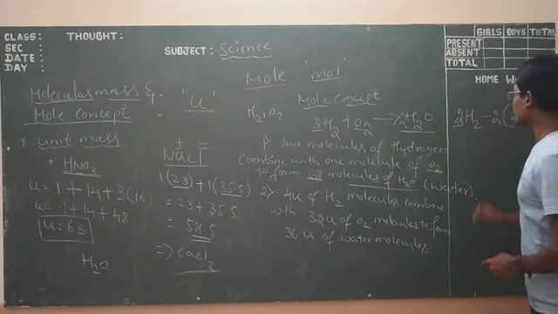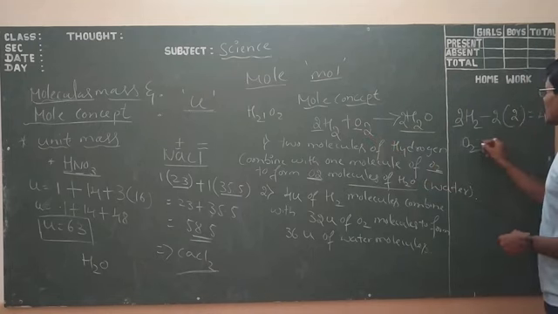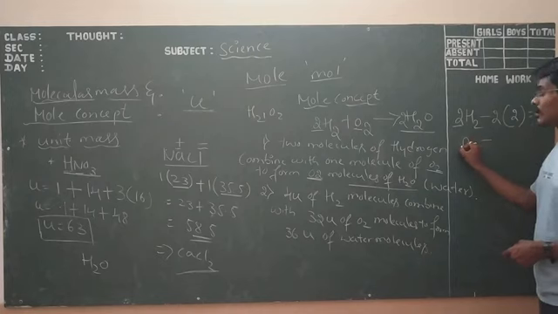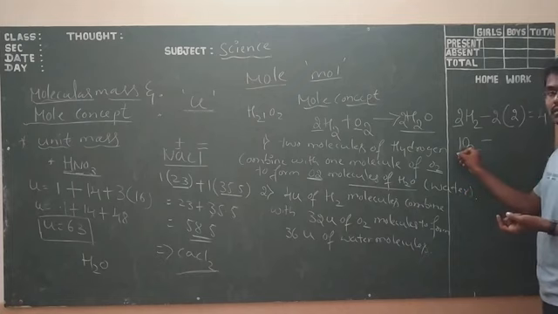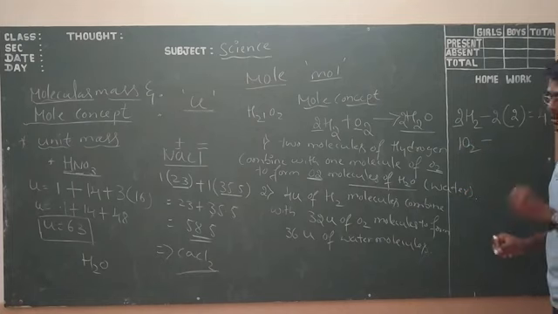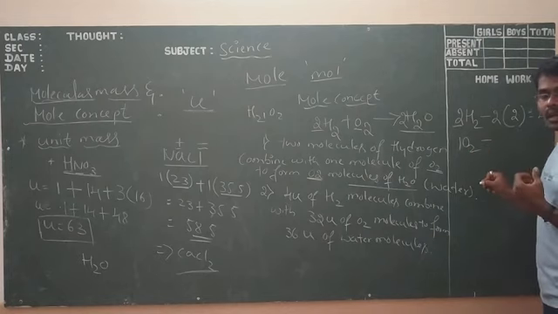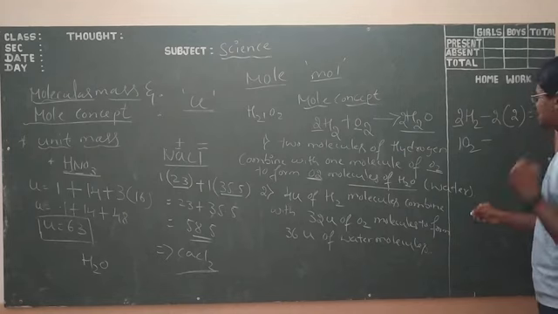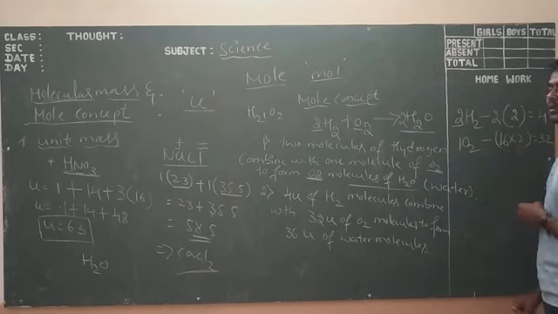Then consider oxygen, O2. How many molecules are there? Only 1. There is no number in front of it, so you take only one molecule. The atomic mass of oxygen is 16. How many atoms are there? 2 atoms. Hence 16 into 2 equals 32.